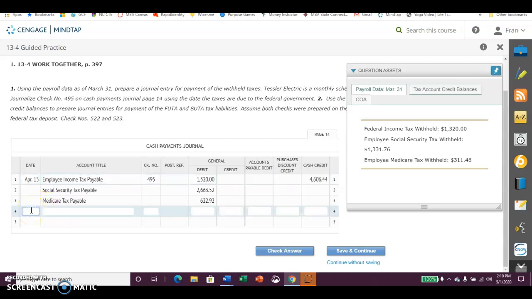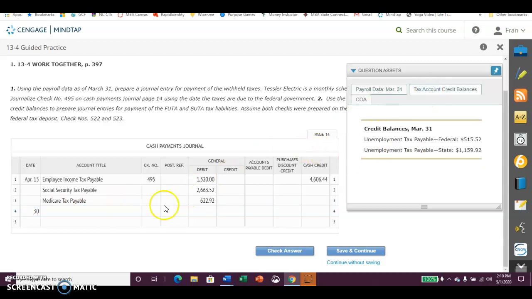All right, so April has 30 days. Remember, we're paying the federal and state unemployment tax at the end of the month. Okay. All right, so let's go to the next tab. The next tab tells us that our balance is on March 31st.